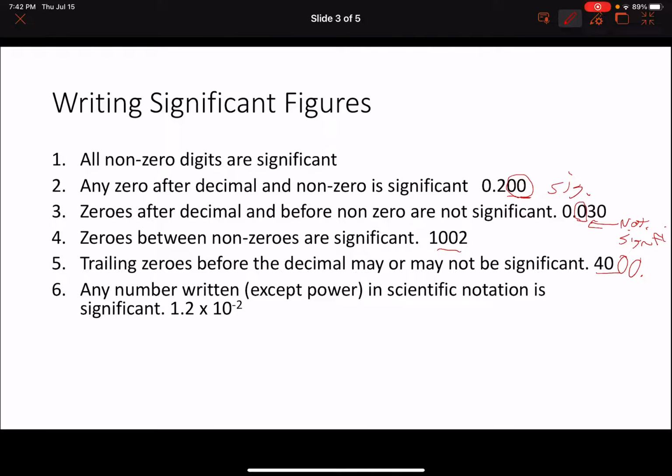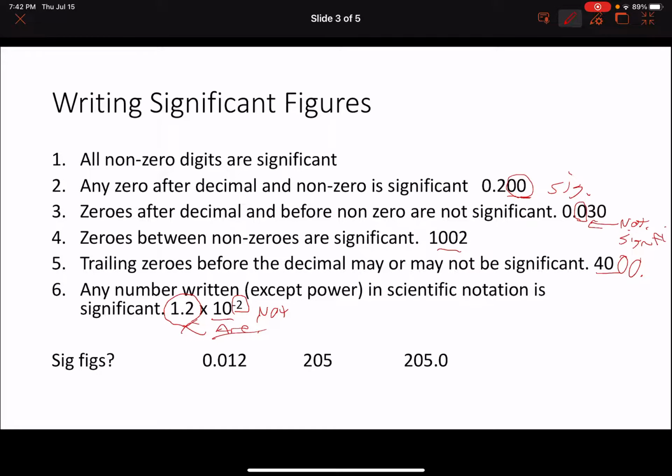And actually the way to solve this is that if you write any number in scientific notation, any of these numbers here are all significant. The 10 and the power are not, but these are. So if you want to avoid any ambiguity when you're writing something, use scientific notation, and then every number you've written, you're indicating has significance to the measurement.